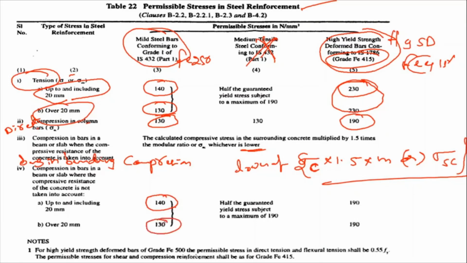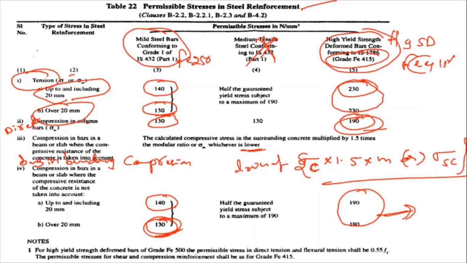If it is over 20 mm, then permissible stress is 130, same as the bars in tension. In case of Fe415, it is not more than 190, just like columns. Like this, you have to consider permissible stresses in both concrete and steel.